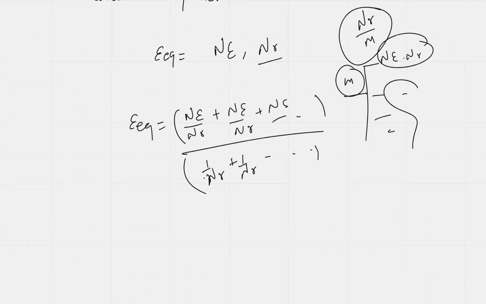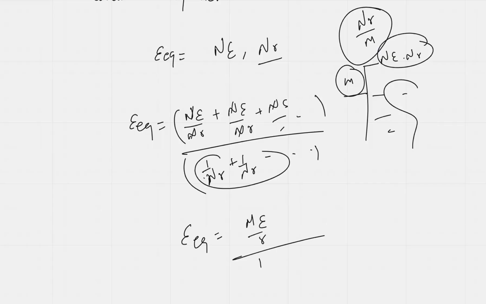So you can simply go and say what the answer is. Keep doing this with n times E by R divided by this portion, which is 1 by nR.